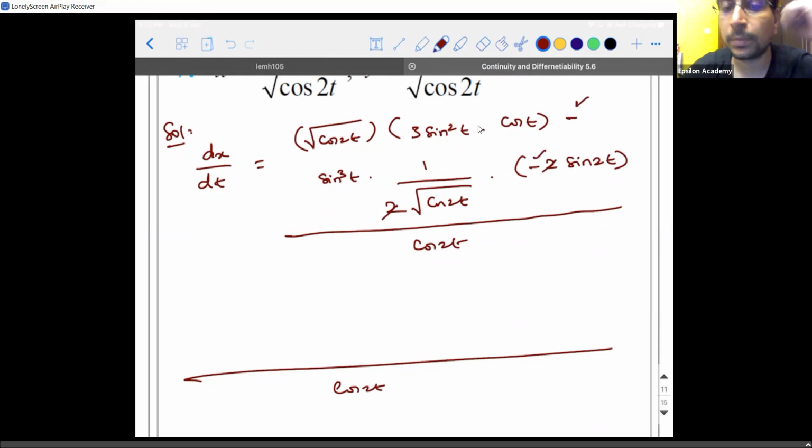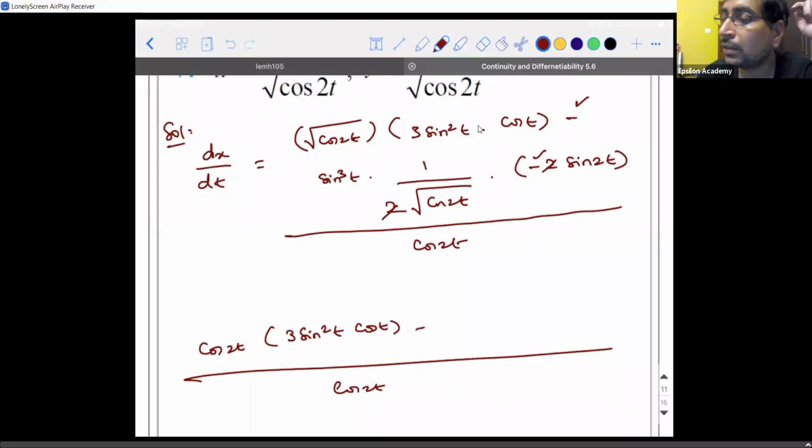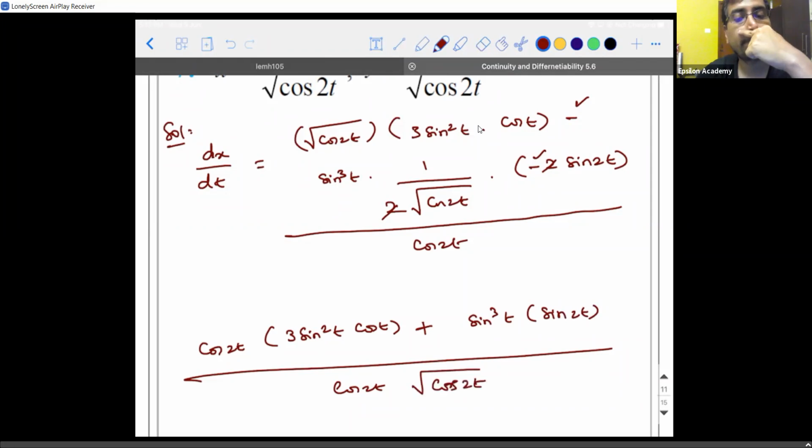Minus of minus is plus, and the LCM is root cos 2t. So it will be cos 2t multiplied with 3 sine square t into cos t, plus sine cube t into sine 2t, the whole divided by root of cos 2t.